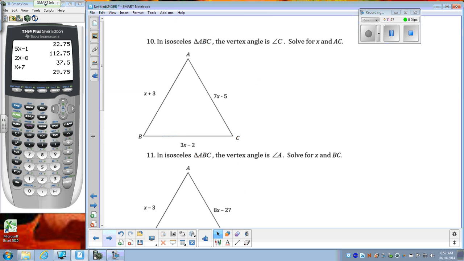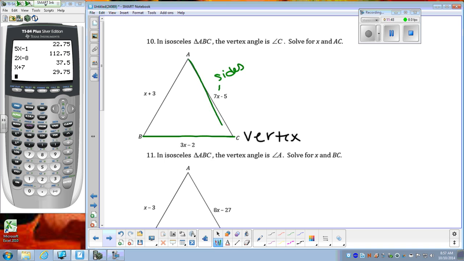Number 10 is an isosceles triangle with the vertex angle is angle C. So here's my vertex. Now we know that the vertex angle is made by the two congruent sides. So since I have all side lengths here, these are all sides, then I know that BC must be congruent to AC because those are the two sides that make up angle C. So I know that 3x minus 2 has to equal 7x minus 5.